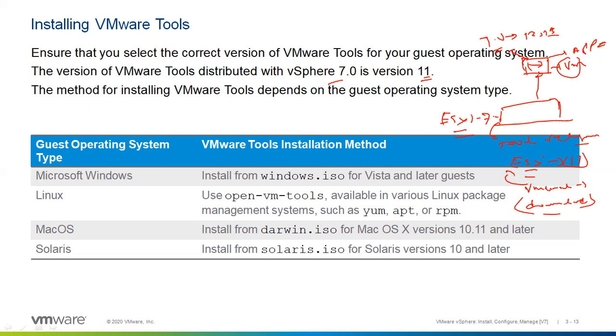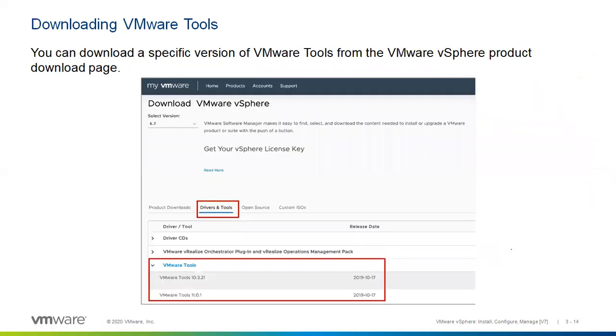So this method depends on the guest operating system type we are using. For Windows, install from windows.iso. For Linux and other operating systems, open-vm-tools are available. For Mac OS, darwin.iso, and for Solaris, solaris.iso files. How can you check?